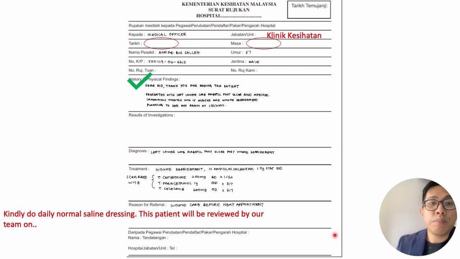Okay, sometimes it's too tedious to write everything, so what I recommend is for you to photostat the blood results. Okay, and for example, if you are referring to the ortho team for a fracture, you have to refer with an x-ray attached. If you are referring to the cardio team, you have to attach the ECG, so that they can actually review the ECG. It's quite pointless for you to send a patient to the cardio team without an ECG.